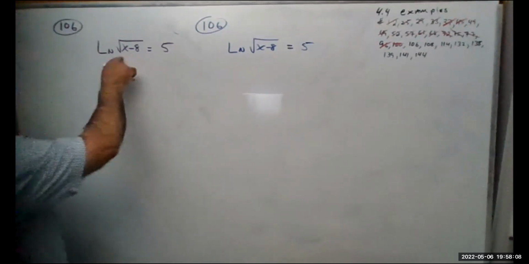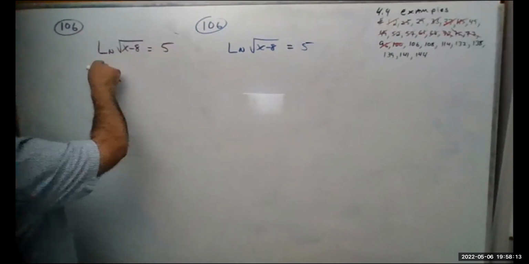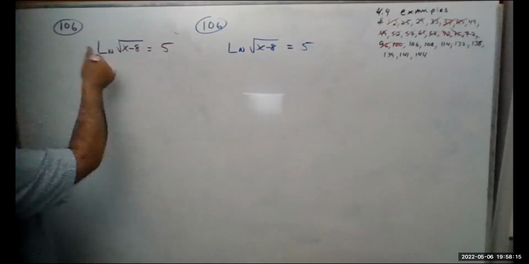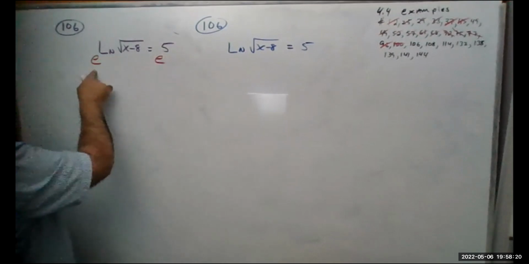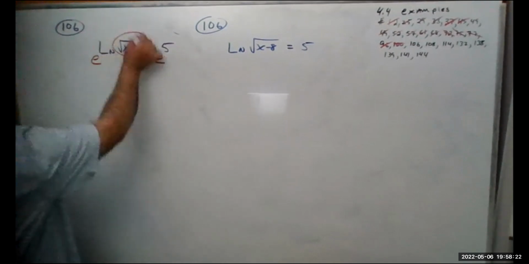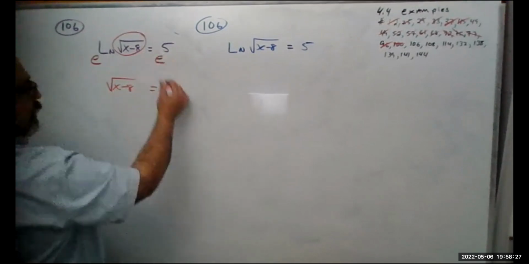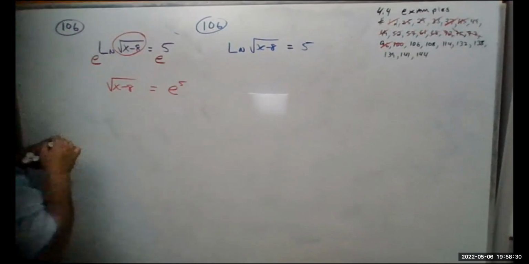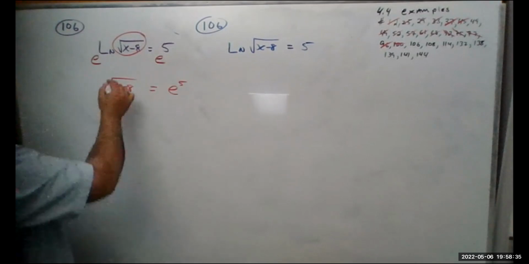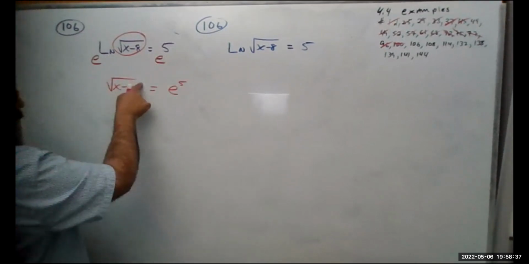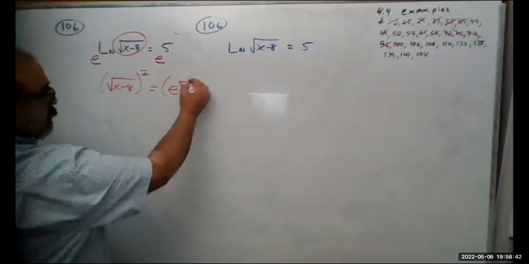Right here, if you just go straight to, hey, we have a logarithm equal to a number, undo the logarithm. Natural log, you exponentiate both sides using base e. e to the natural log of the square root of x minus 8 is just the square root of x minus 8. On this side, e to the 5th power. Then to undo a square root, you square both sides.